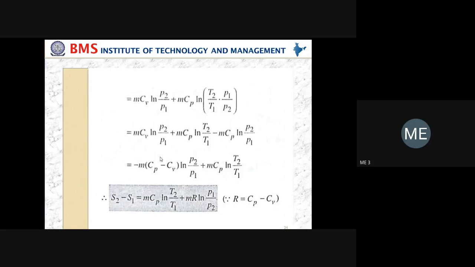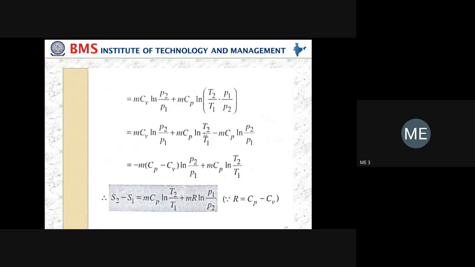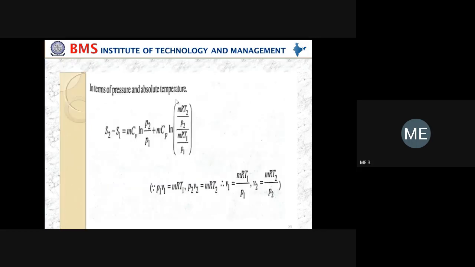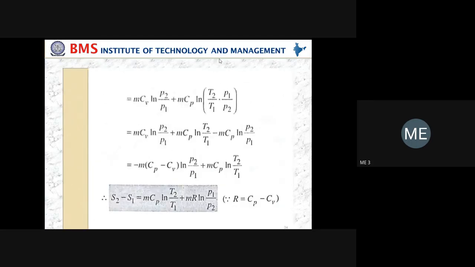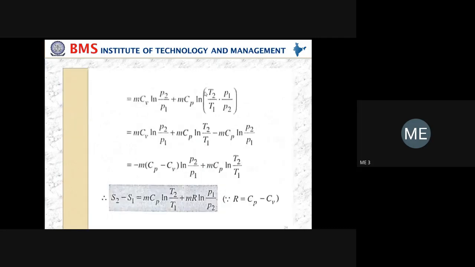Next step, you can rewrite mCv ln P2 by P1 plus mCp into ln, where mR gets cancelled. So you can rewrite like this: P2 by P1 into P1 by P2. There is no change in the equation. mCv ln P2 by P1 plus mCp ln P2 by P1 into P1 by P2.